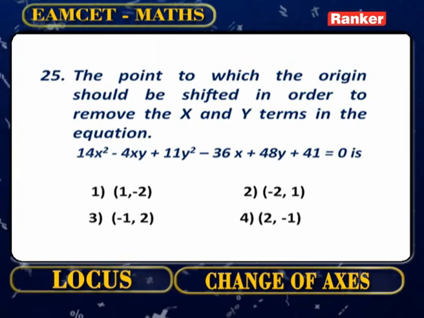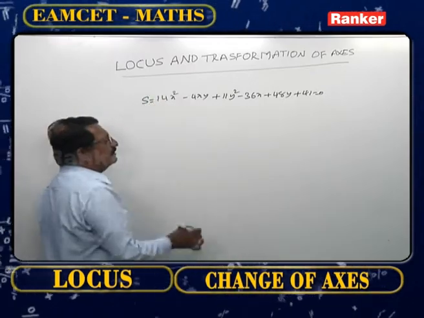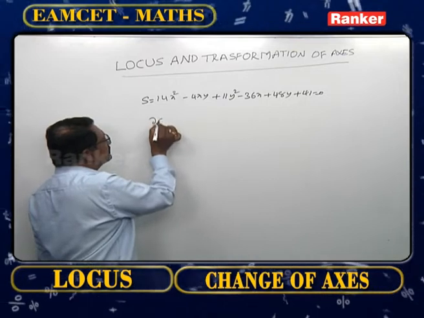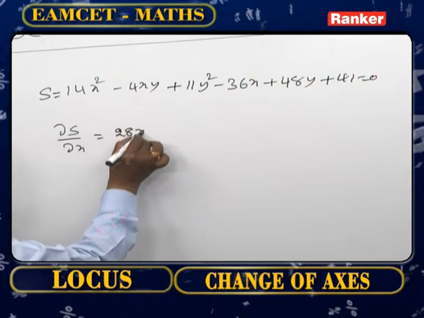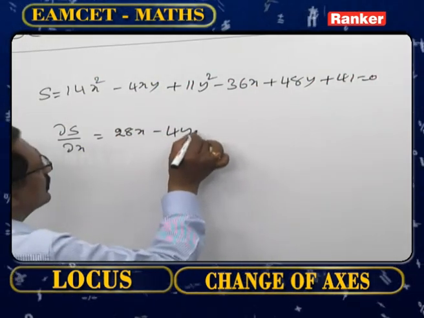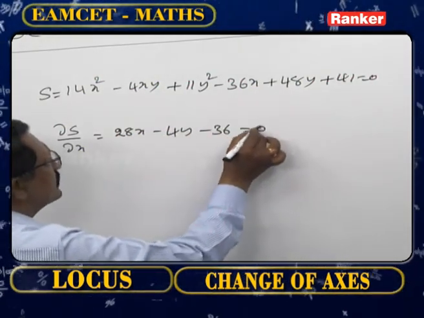Similar problem: consider the equation S = 0 and differentiate partially with respect to x: ∂S/∂x = 28x - 4y - 36 = 0.